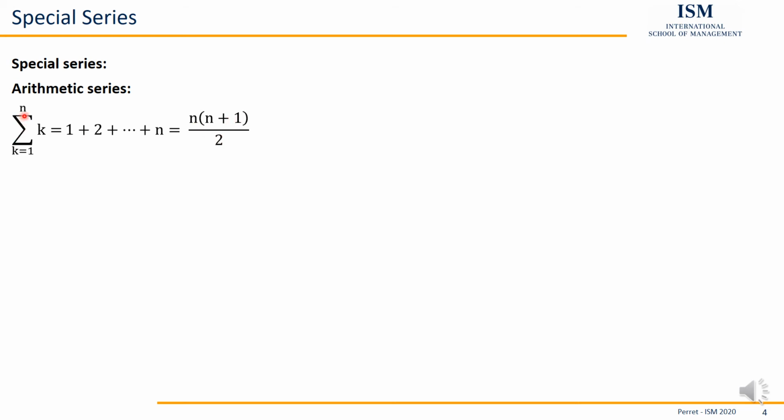So if I would have 100 here, so basically the task of adding up the first 100 numbers, I would just go 100 times 100 plus 1 divided by 2. So in other words, it's just 100 by 2, so it's 50 times 101, which is just 5050.